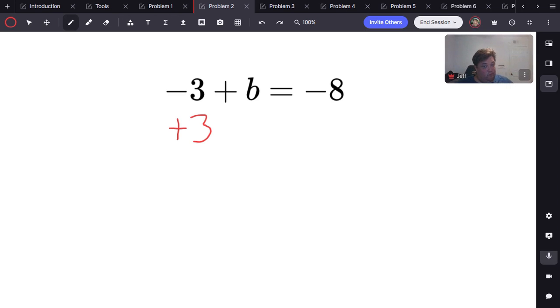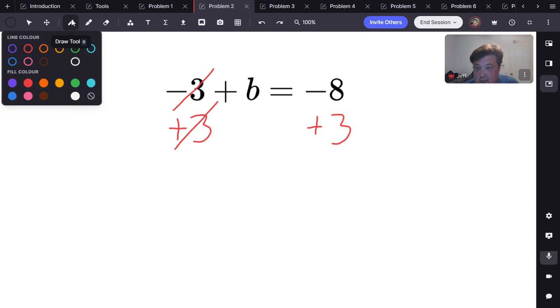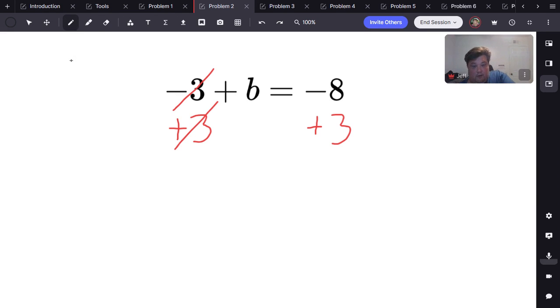And again, golden rule of math, whatever you do to one side, you need to do the other as well. And when I say that side, I'm talking about the equation, the equal sign. So the -3 and the +3 will cancel. And now we are just left with b on the left side of the equal sign.